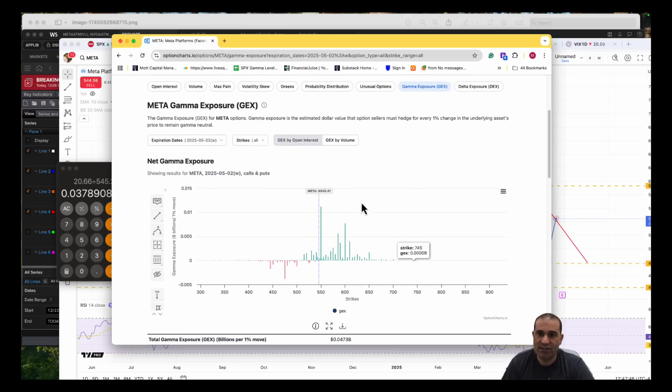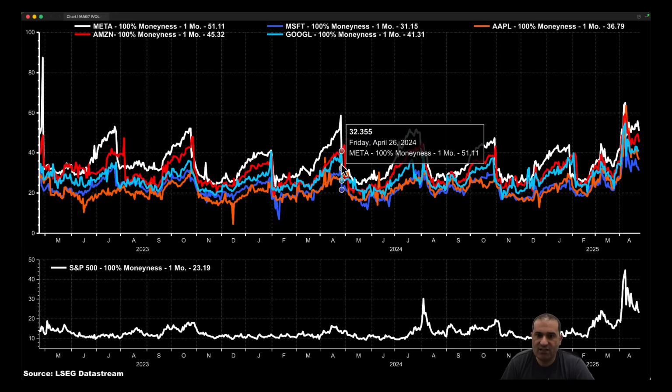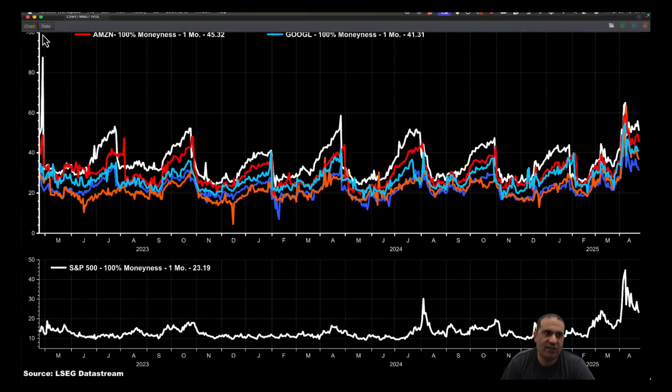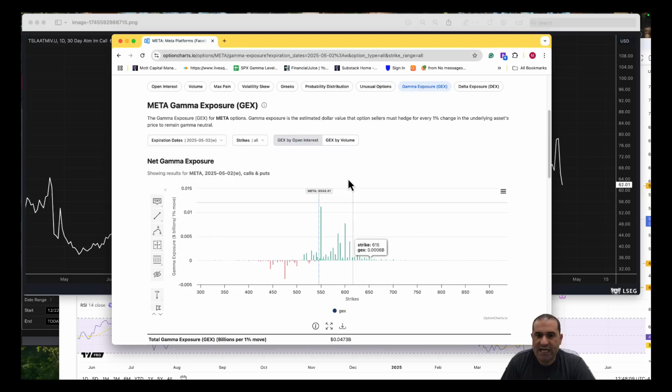Now, what will happen is, as you can see from this chart, once the company reports results, this was April of last year, implied volatility went from like 58 on Meta all the way down into the 30s, right? So implied volatility will basically get cut in half, and that will make the options worth significantly less, and that means that the delta positioning will decline by a like amount.